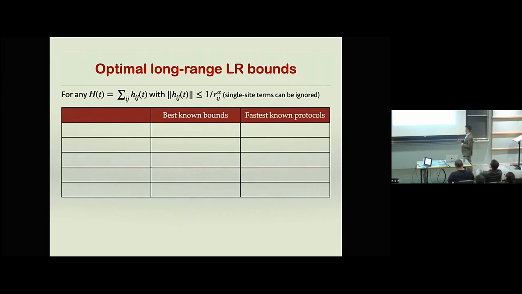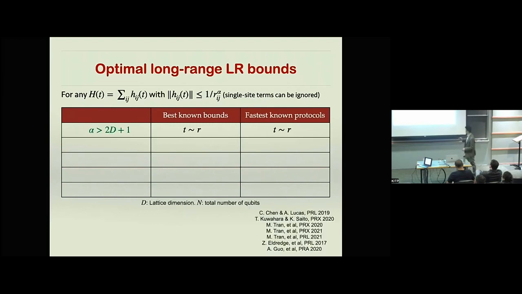What optimal actually means is that we can find a quantum state transfer protocol that saturates the scaling of the time versus distance for the Lieb-Robinson bounds. And for these long-range interactions, it has been recently shown that if the exponent alpha is larger than 2 times the dimension plus 1, then the system is somewhat close to a short-range interacting system, such as a system with nearest neighbor interactions, in the sense that the time it takes to perform a quantum state transfer, again, I always assume it's a conditional quantum state transfer if I don't specify, is always going to scale linearly with the distance.